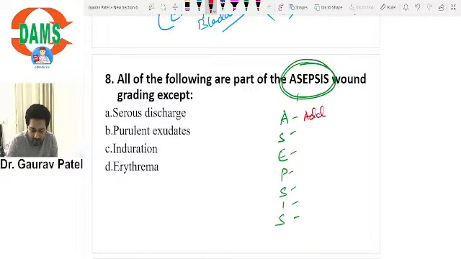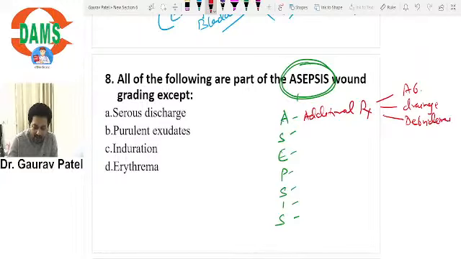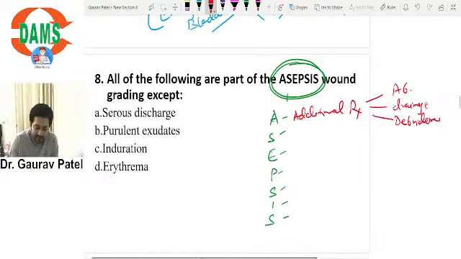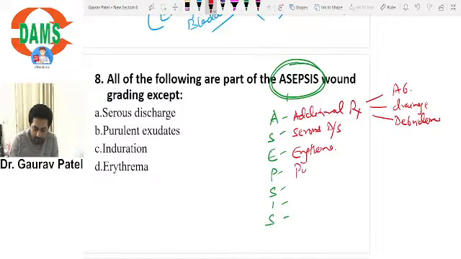A stands for additional treatment, whether there is any antibiotic use or drainage of pus or debridement. S stands for serous discharge. E is erythema. P is pus discharge.